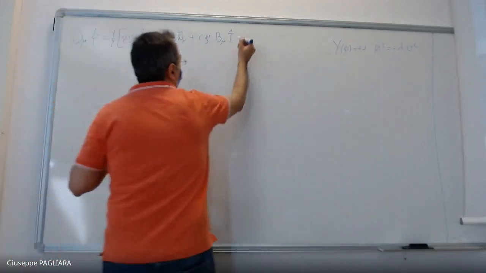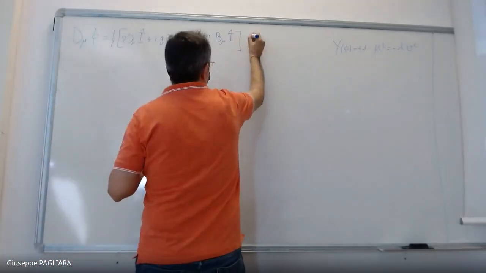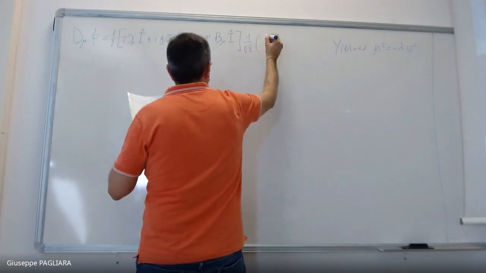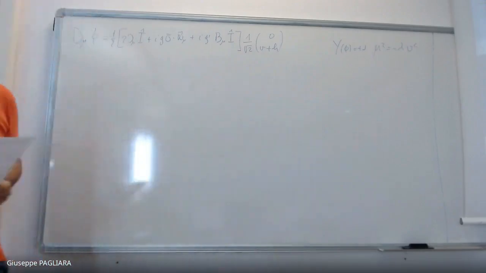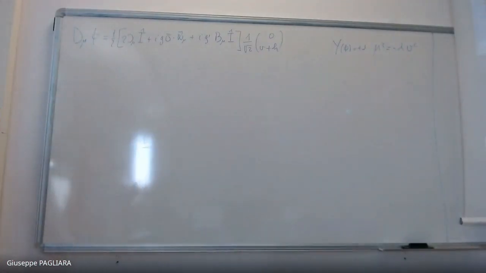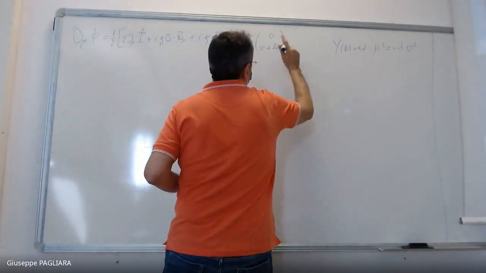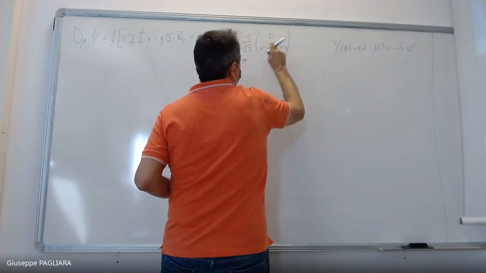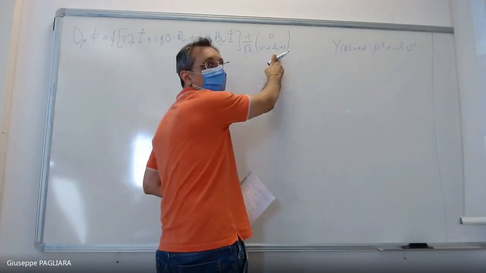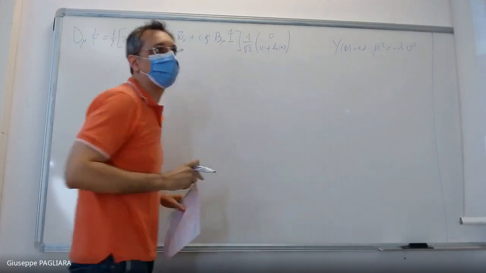All this acts on our Higgs field, which is 1 over square root of 2, and then 0, v plus h. Let me recall, we'll not do this anymore, but this is an h of x field. So this is a number, this is a field, which depends on the space-time coordinates.